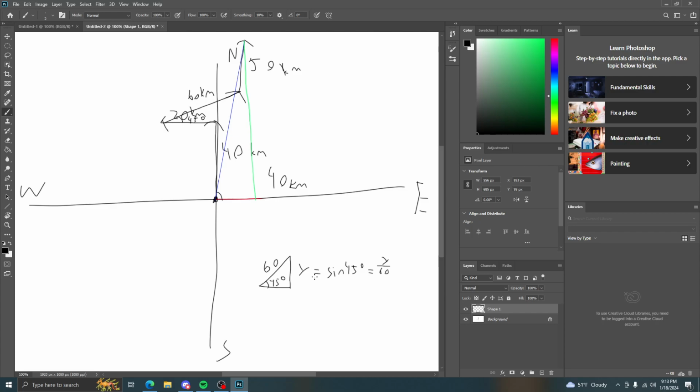So y equals 60 times sine of 45 degrees.